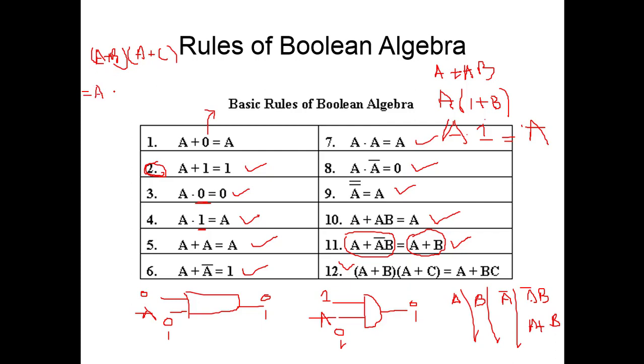You can write A dot A plus A dot C plus A dot B plus B dot C. So A dot A is equal to A, plus, you take A common from all these three terms, and you come up with something like this.